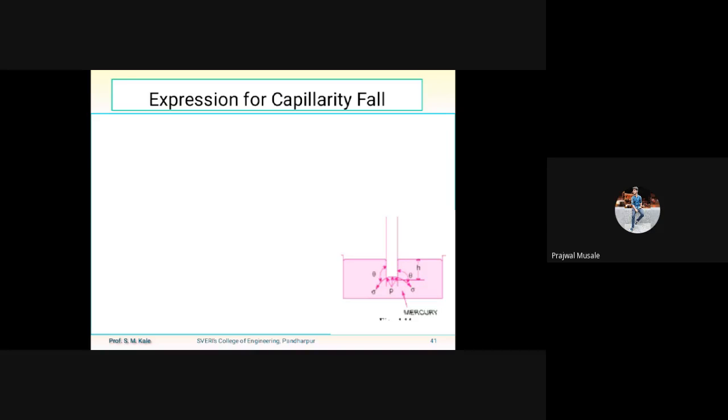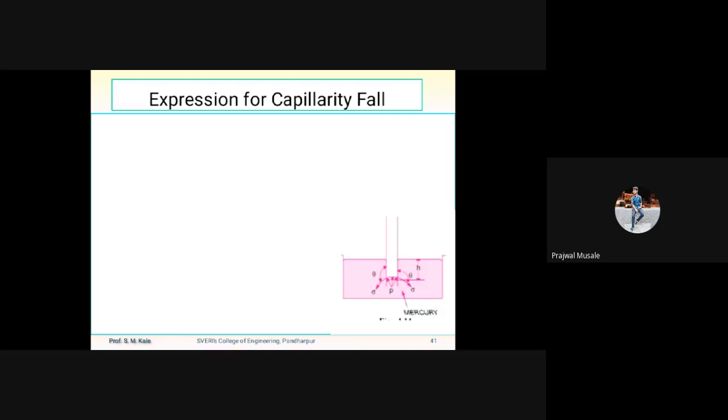Because if you consider the force of attraction between any two mercury molecules, that means the cohesive force of attraction between two mercury molecules has a higher value as compared to the adhesive force of attraction between mercury and glass molecules. Hence there will be the fall of mercury level.